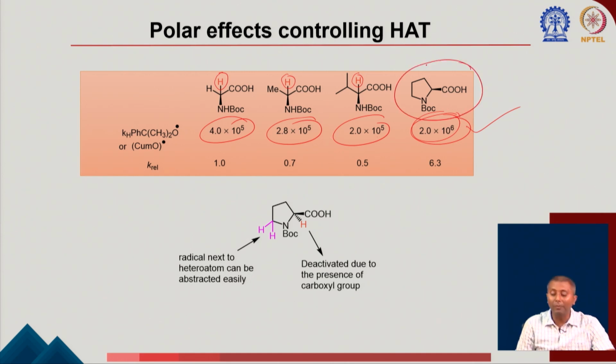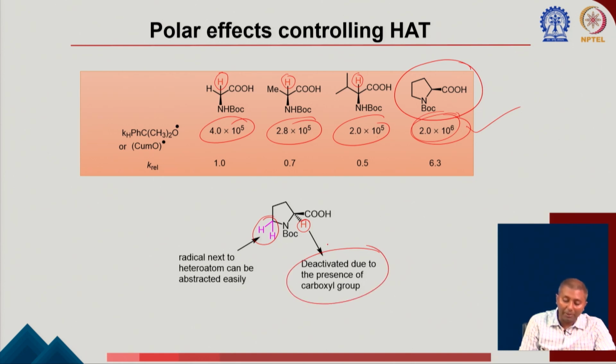So the thing is, if you try to think about it, in case of proline you have to understand that there are some other hydrogen atoms here which can also take part. That means these hydrogens here are actually getting abstracted, compared to this hydrogen here, which is actually deactivated due to the presence of the carbonyl group.